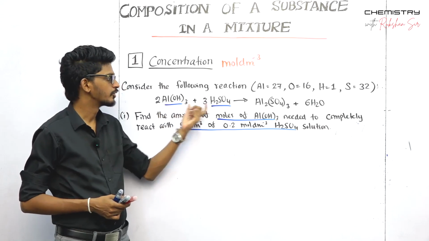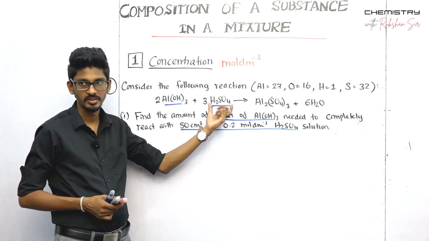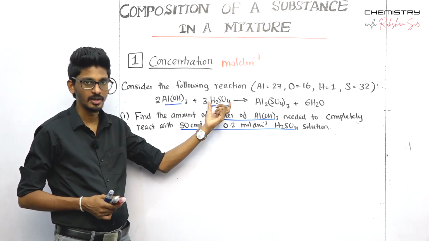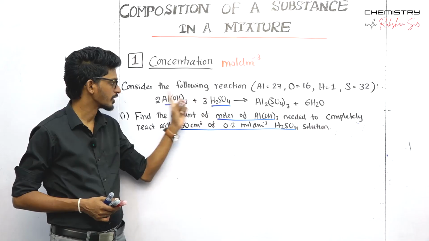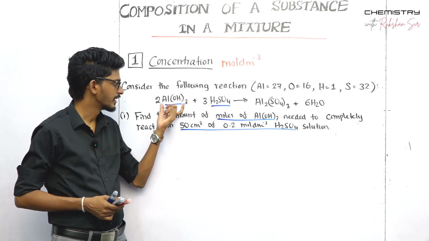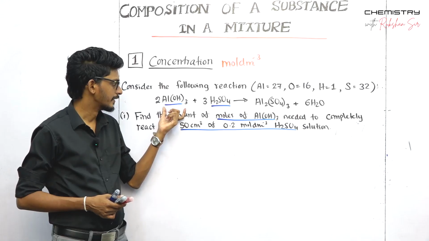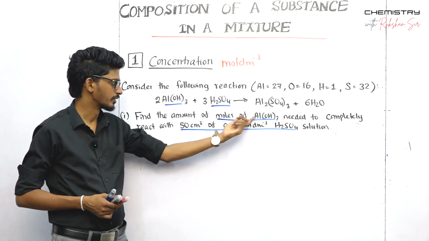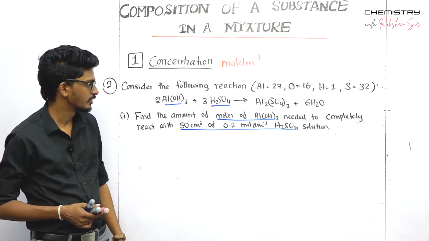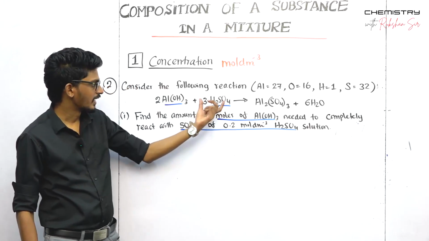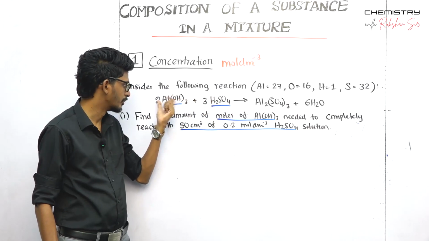First of all, we need to convert the given data of the given species to its number of moles. Then we can use the 3 to 2 mole ratio to come up with the number of moles of the required species. That will give you the ultimate result, because they are asking the number of moles of aluminum hydroxide. Again, the data are given for the H2SO4, and they are asking for some other data about the aluminum hydroxide.